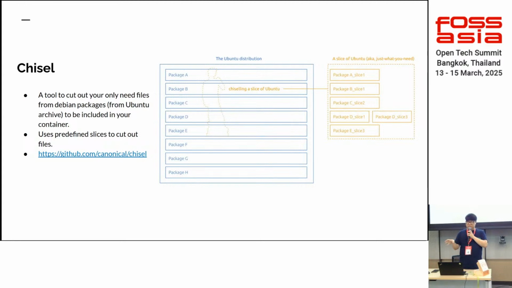So if you remove those, you can actually downsize your container images. So we use Chisel to bring only the needed parts from the different packages and use their slices to build images. When you're using Chisel, there are already defined slice definitions on GitHub, so we use those definitions to cut out only the needed parts for building containers.